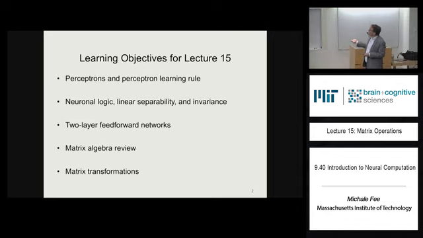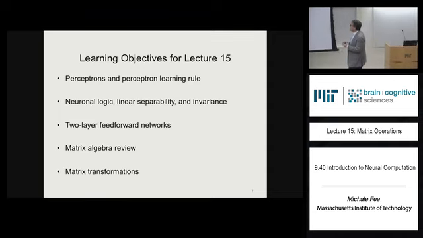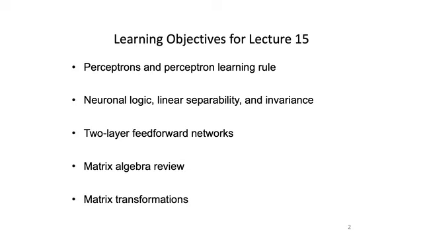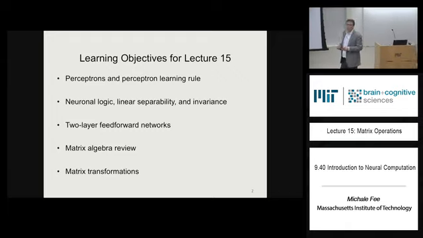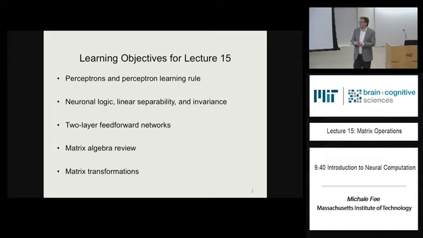We're going to then talk about the idea of using networks to perform logic with neurons. We're going to talk about the idea of linear separability and invariance. Then we're going to introduce more complex feed-forward networks where instead of having a single output neuron, we have multiple output neurons.